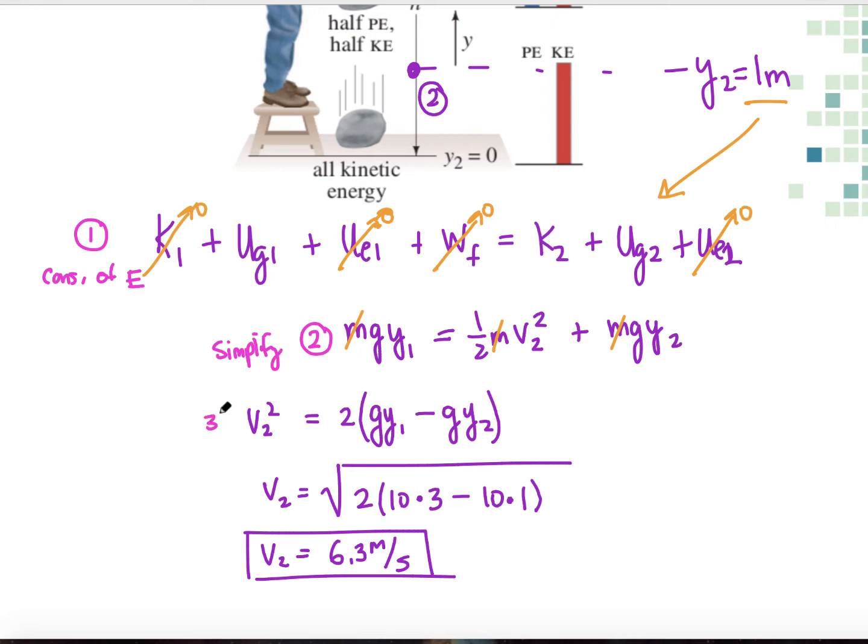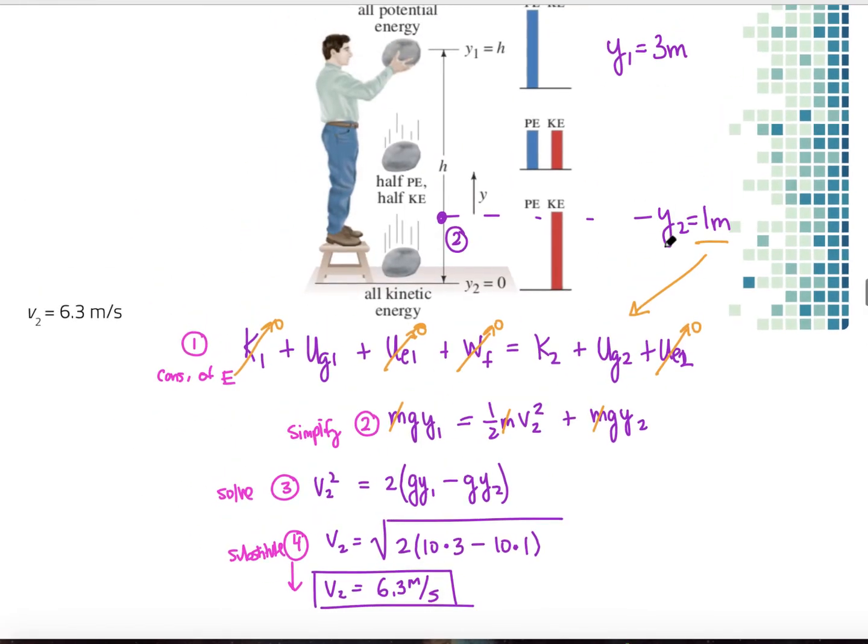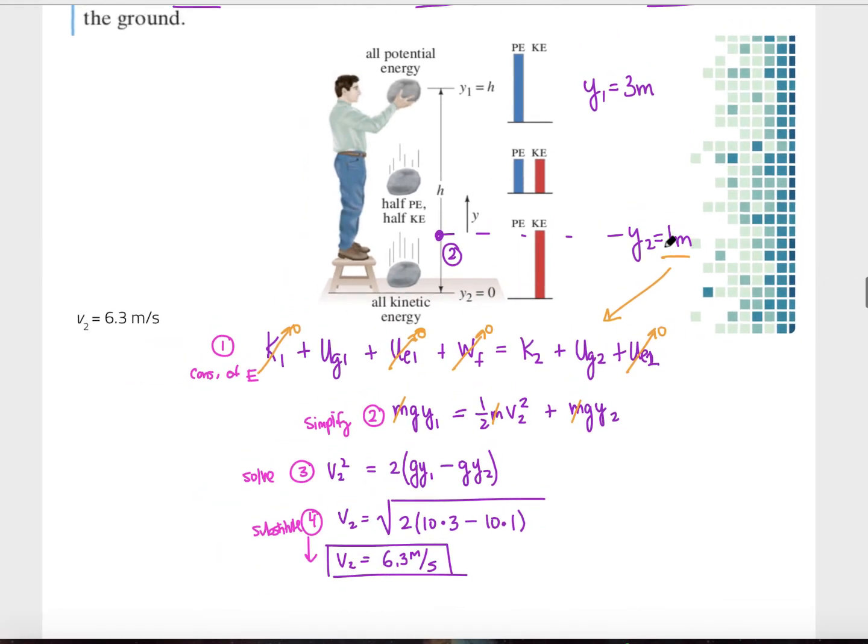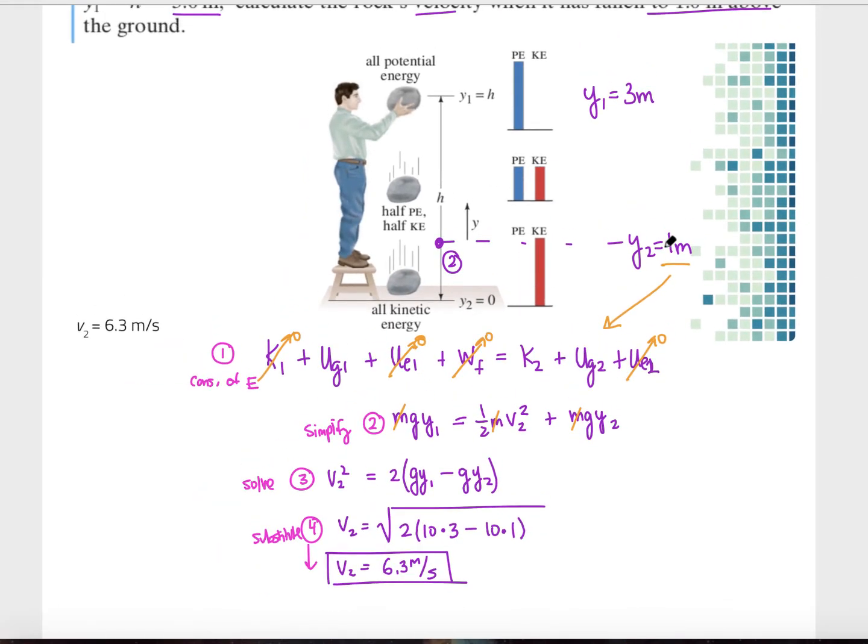This step, our next step, is to solve algebraically. And then finally, we substitute and get an answer. And that is what we have for this first conservation of energy problem. And we will repeat this process for pretty much every conservation of energy problem.